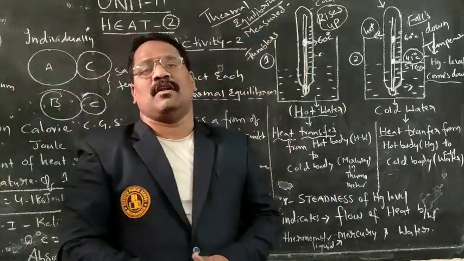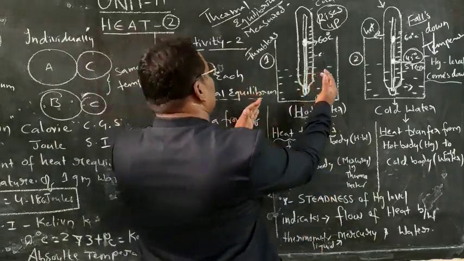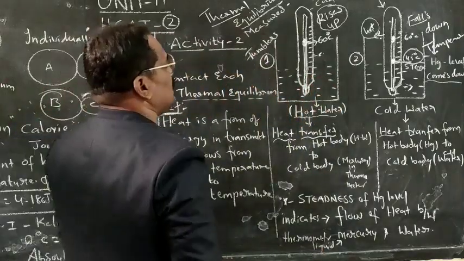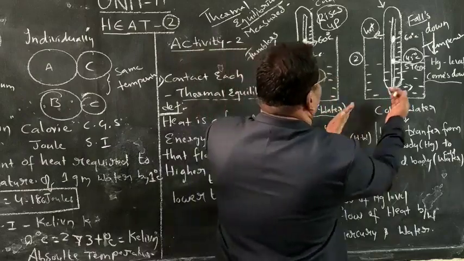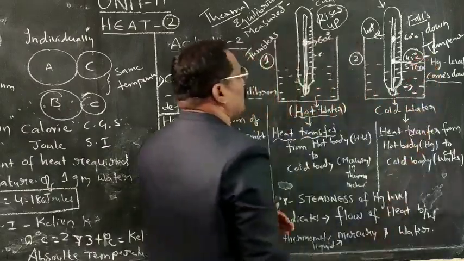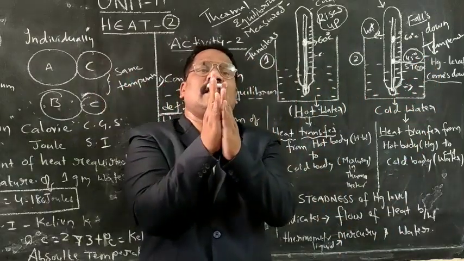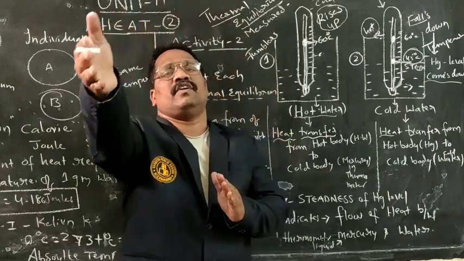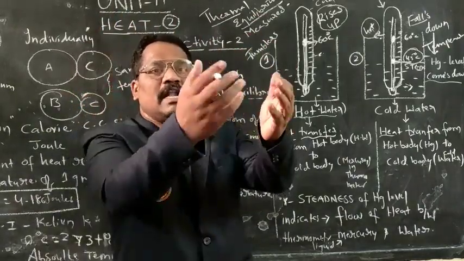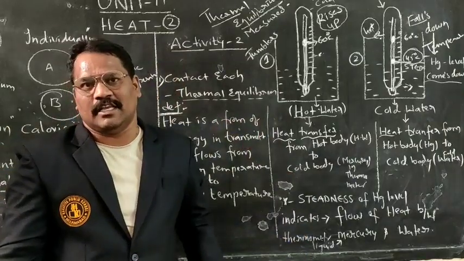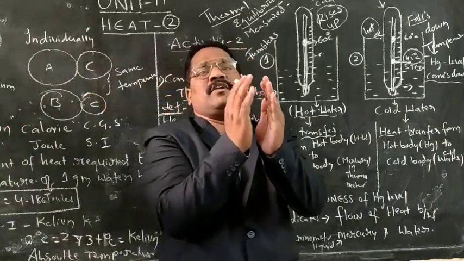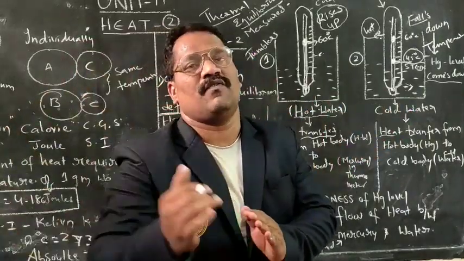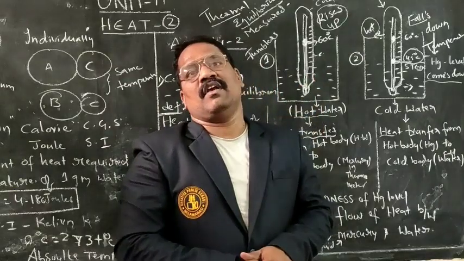Another way of getting thermal equilibrium: two bodies are taken, as we have already studied in the previous topic. One is hot water and the other tumbler is of what? Cold water. When the two tumblers are in contact with each other, there is transmission of heat. One body receives heat, another body gives out heat energy, so that after a time interval there will be neither flow of heat nor giving of energy.